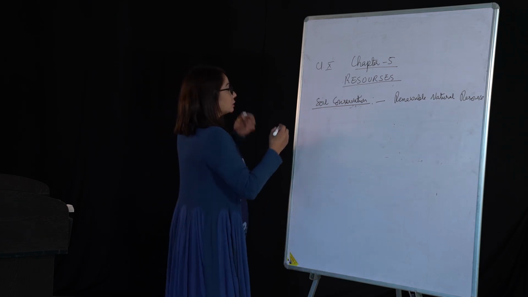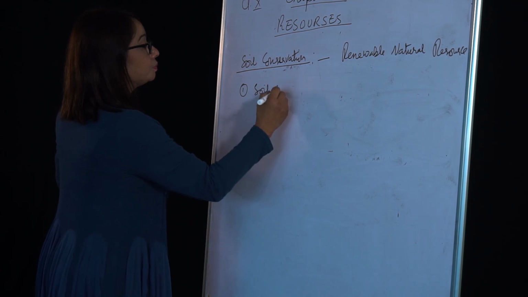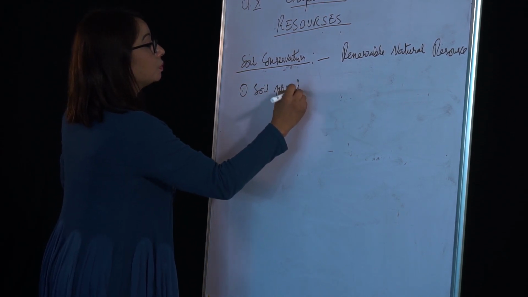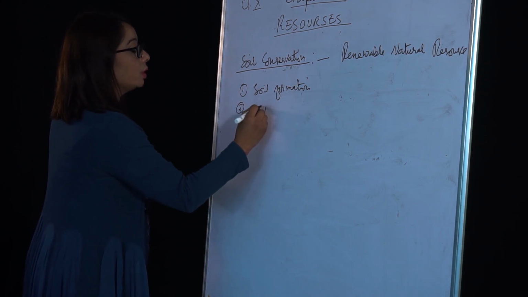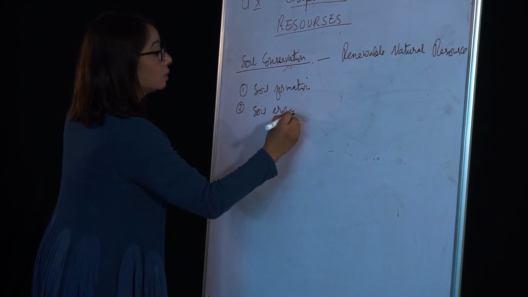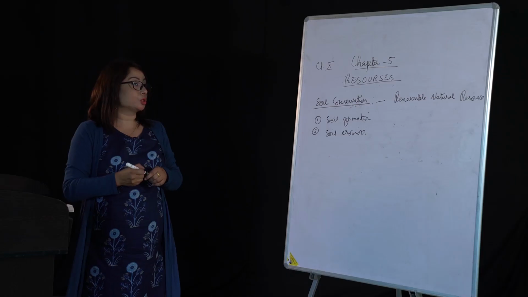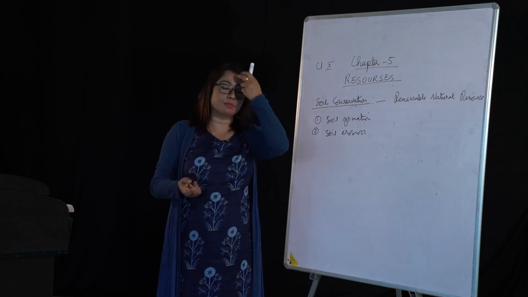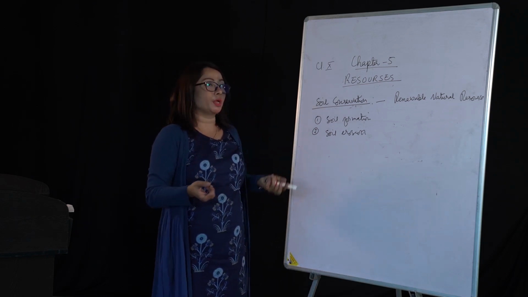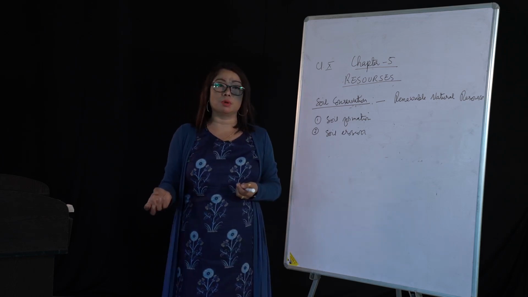Now, two things. First, soil formation, and secondly, soil erosion. These two take place simultaneously, at the same time. On one hand soil formation is taking place and on the other, soil erosion is taking place.